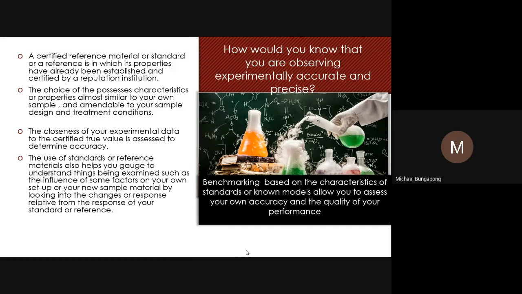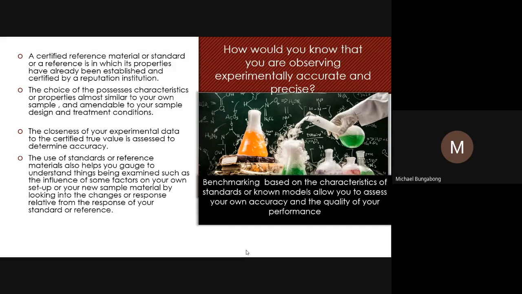So the choice of the reference material or the standard should be that it possesses characteristics or properties almost similar to your own sample and amenable to your sample design and treatment condition. So the closeness of your experimental data to the certified true value is what we could definitely determine as accuracy. Okay? Accuracy.